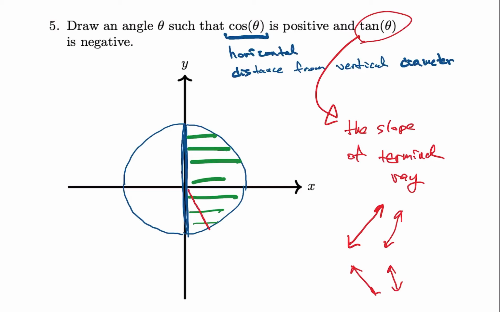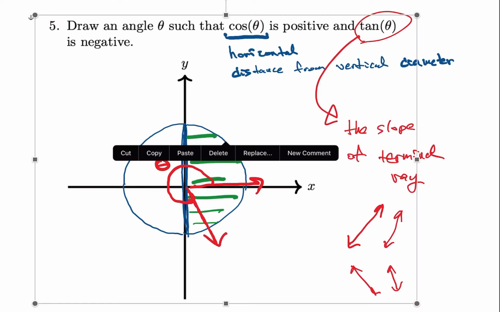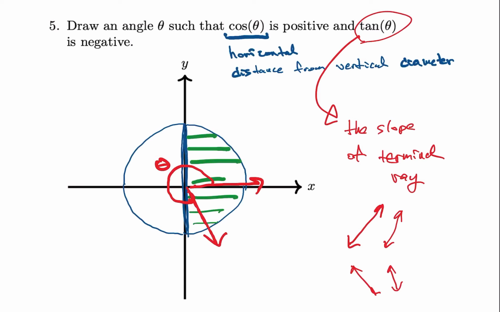Let's say, okay, we're just picking one angle. So let's draw an angle. I'll start from here, then this angle right here. This theta will give us a positive cosine theta, because the horizontal distance from the vertical ray is positive.